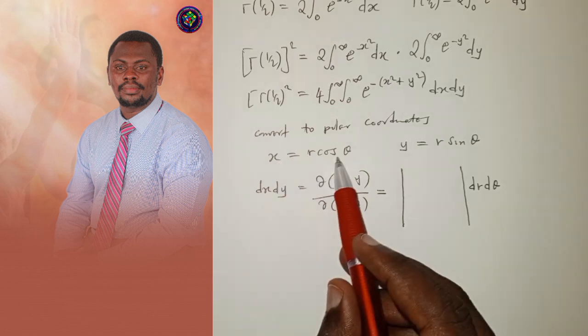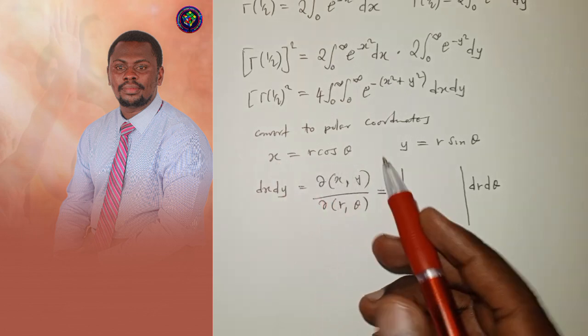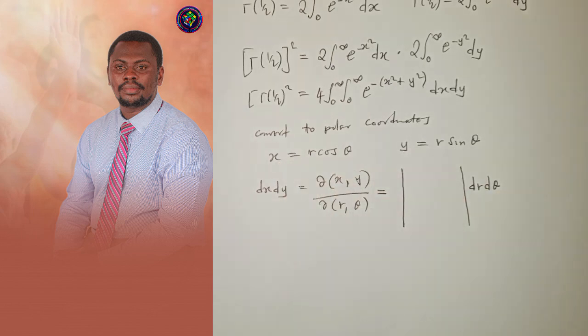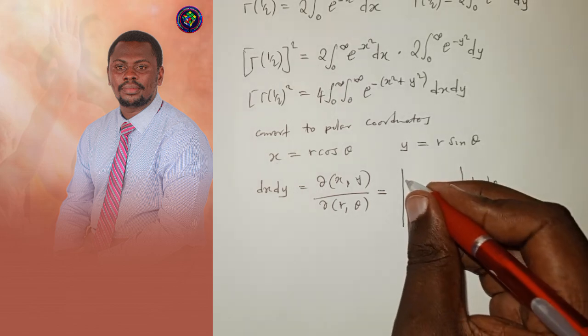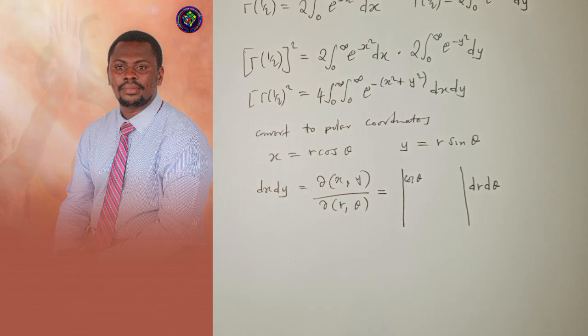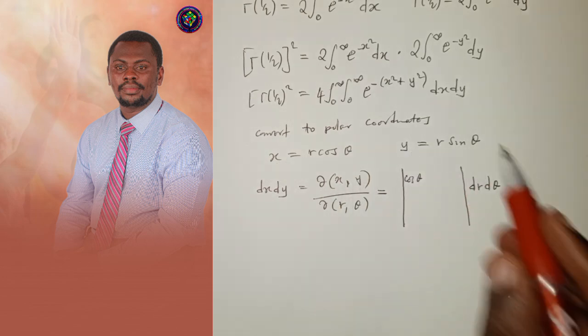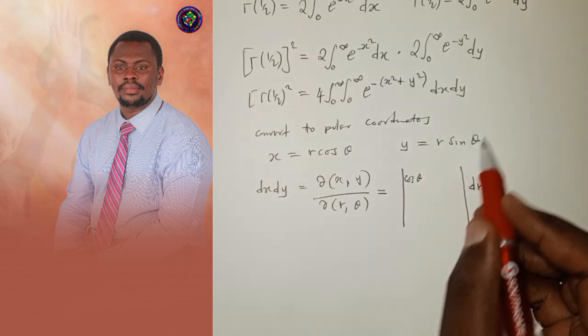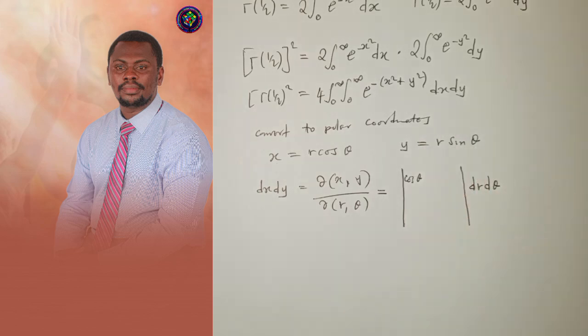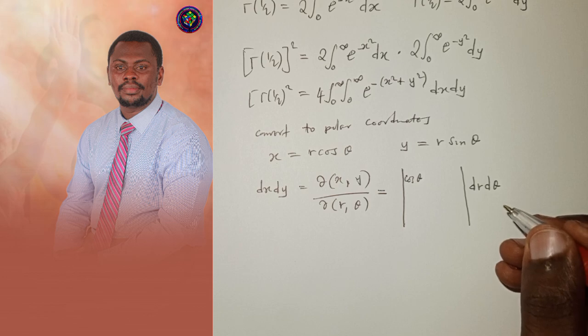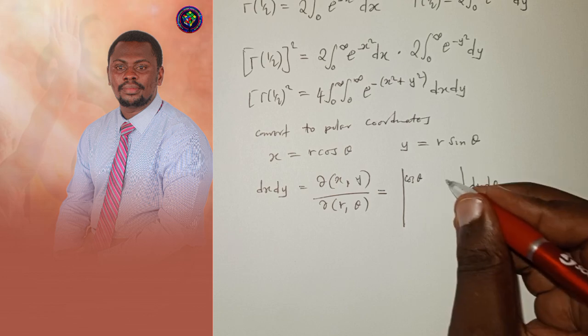So dx dr: r cos theta with respect to r will give cos theta. So we are going to have cos theta here. Next, dy dr: the derivative of r sin theta with respect to r will be just sin theta.